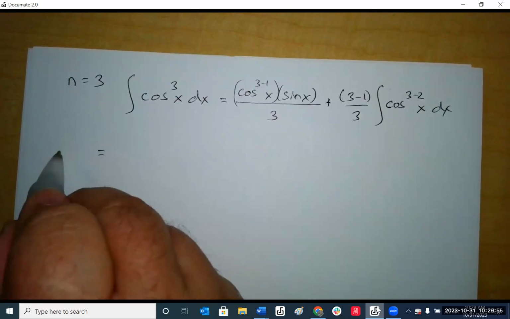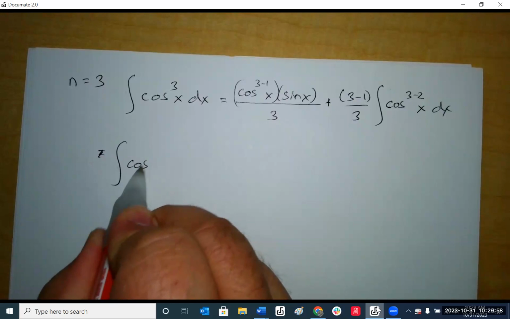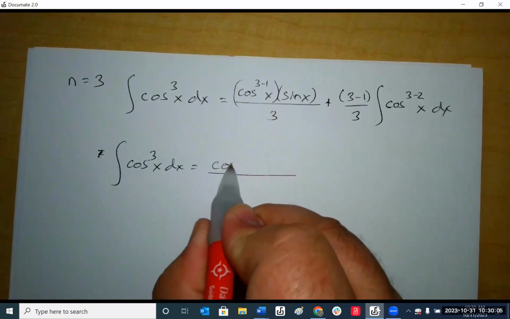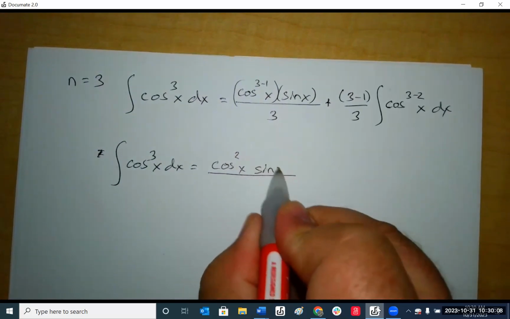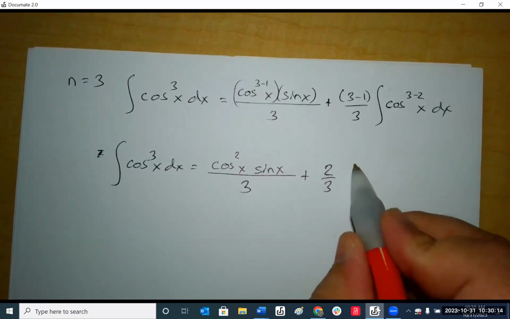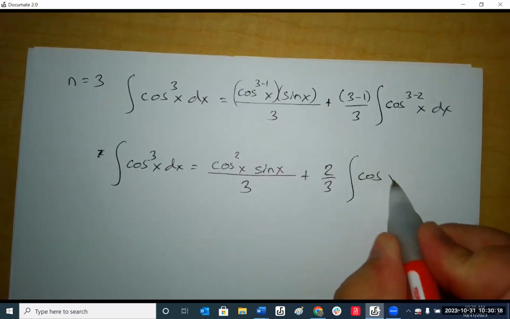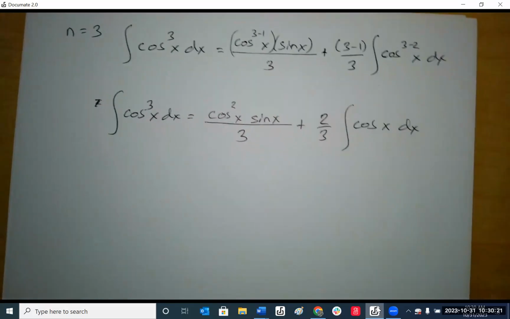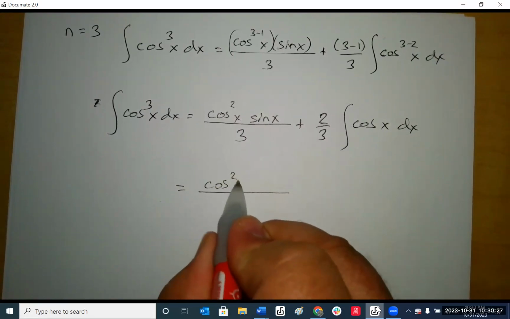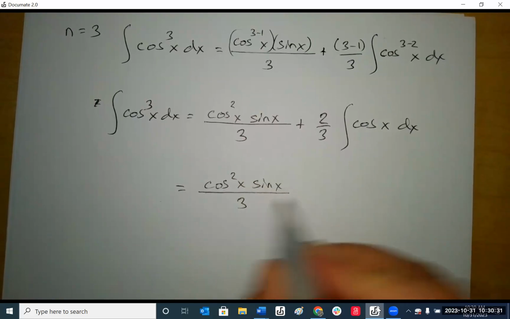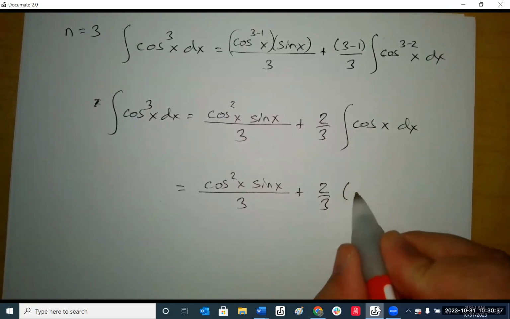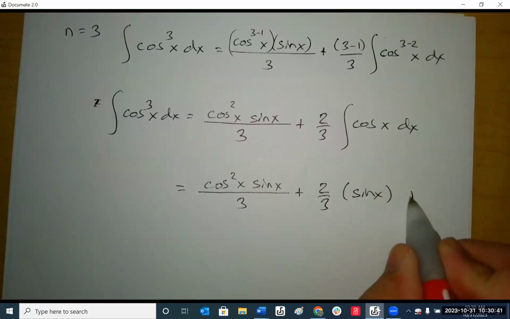So the integral of cosine cubed x dx is equal to cosine squared x sine x over 3 plus 2/3 the integral of cosine x dx, which is cosine squared x sine x over 3 plus 2/3 sine x plus c.